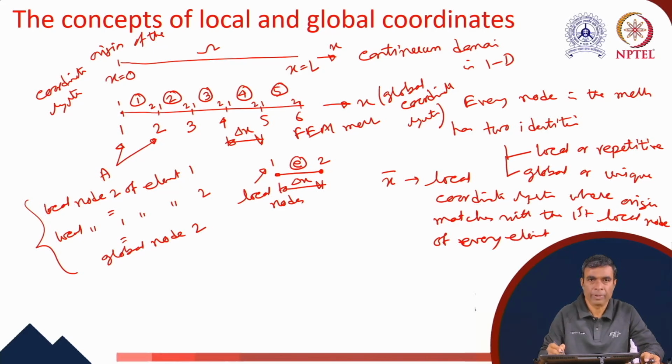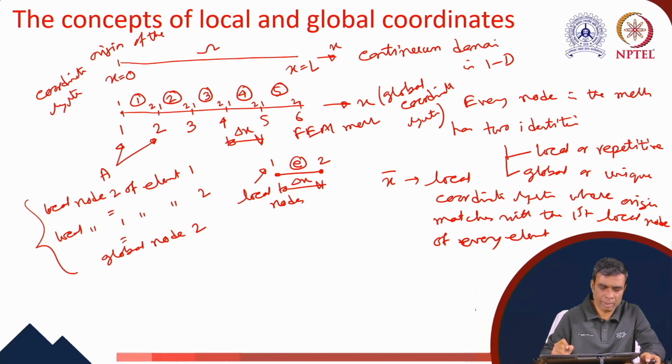So this local coordinate system is movable. We move the local coordinate system starting from element 1 up to the last element, while the global coordinate system is unique or fixed, and then we get the actual coordinate with respect to the global coordinate system.